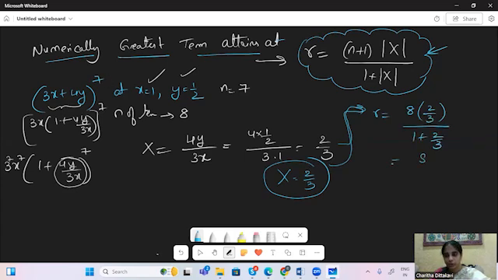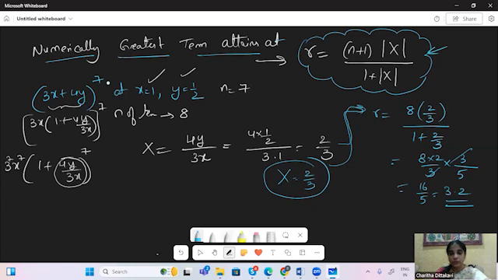Just resolve this. What do you get? 8 into 2 by 3 times 3 by 5. Got it? Right. So that is 16 by 5, which is how much? 3.2.